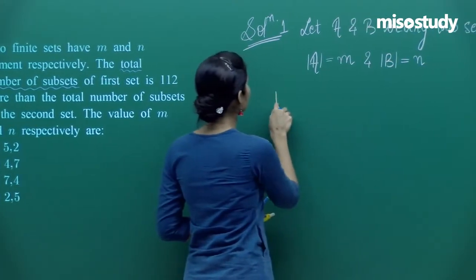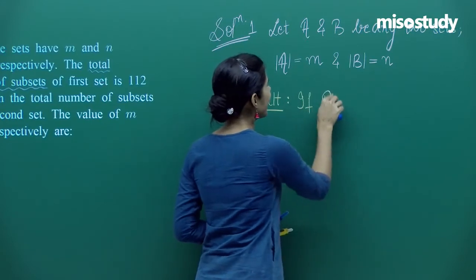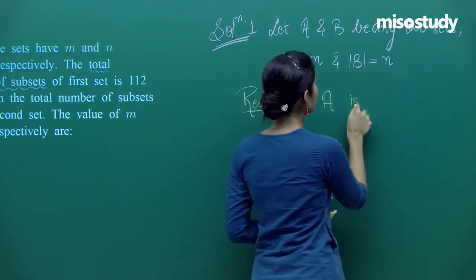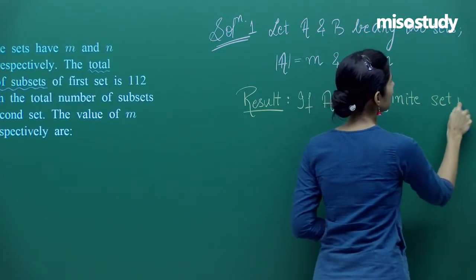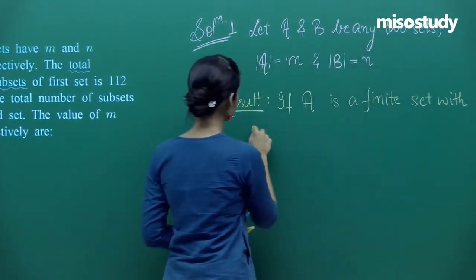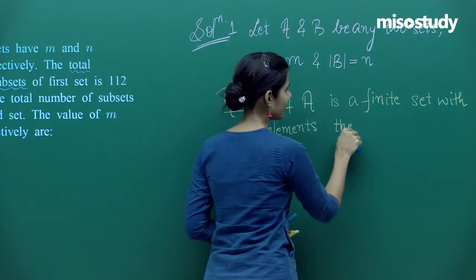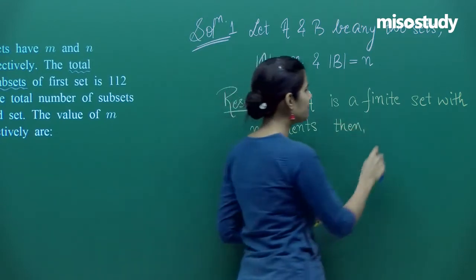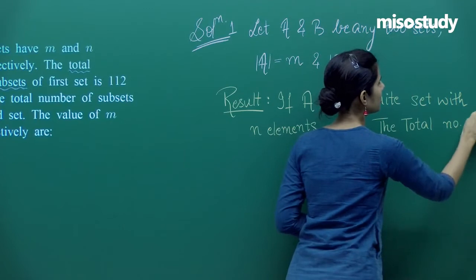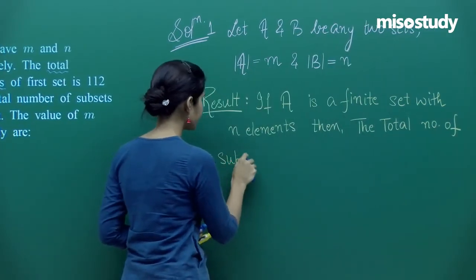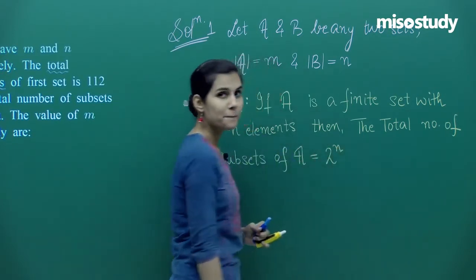The result is, if A is any finite set with n elements, then the total number of subsets of A is equal to 2 to the power n.